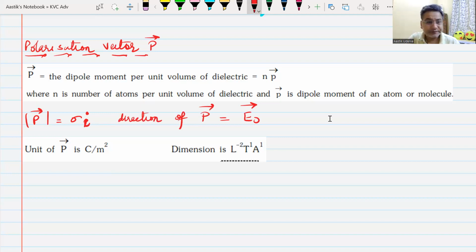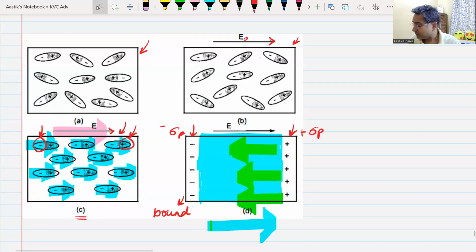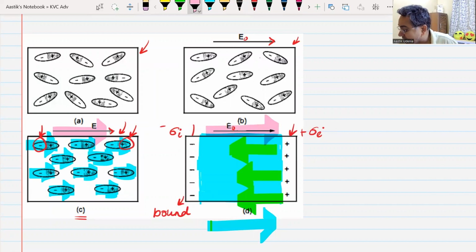Yes, sir. Here, I go back to the previous diagram. This was the induced charge. I had called it sigma P. Let me call it sigma I. As you can see, the direction of the original field was like this, and the direction of the dipole moment which is induced was also in the same direction.